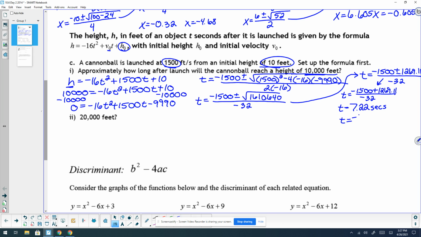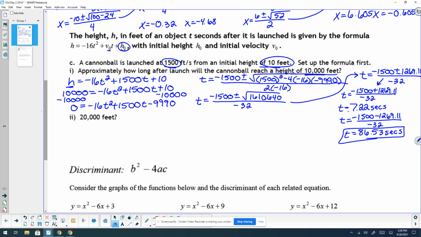If I take negative 1,500 minus the 1269.11 over negative 32, I end up with 86.53 seconds.